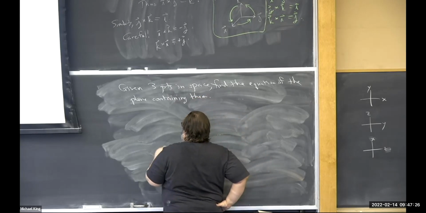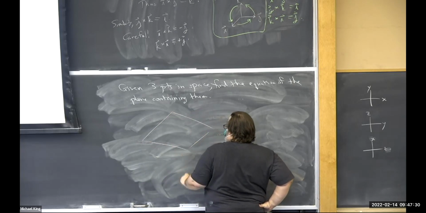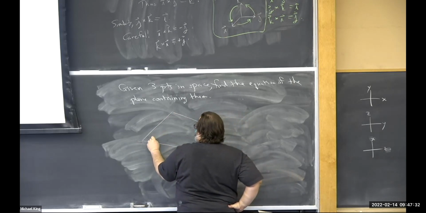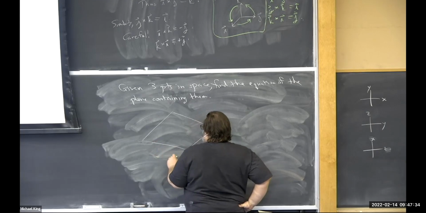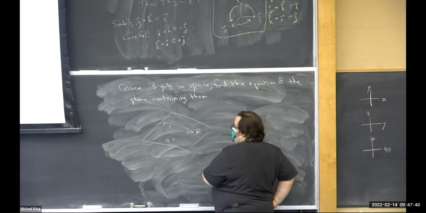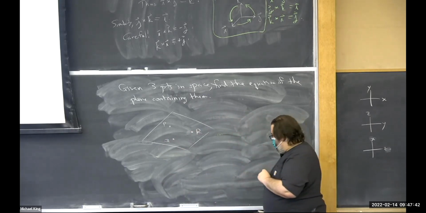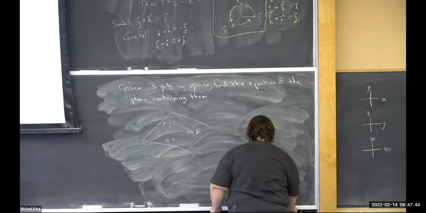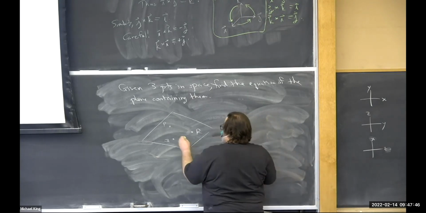Let me just draw a schematic of a plane. It's supposed to be a plane in space, and I have 3 points, P, Q, and R in this plane. What we said last time is that 3 points gives us 2 vectors.